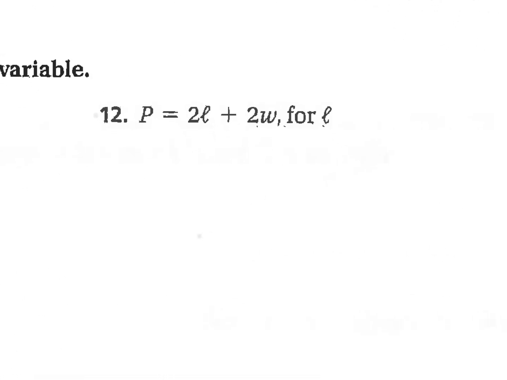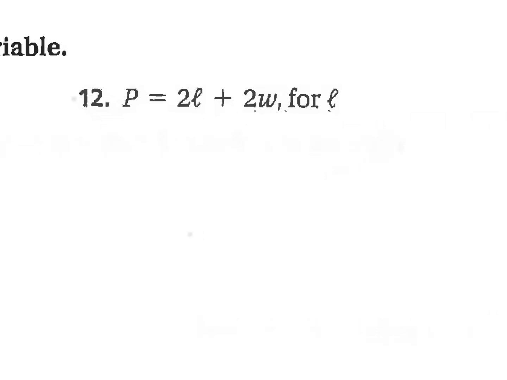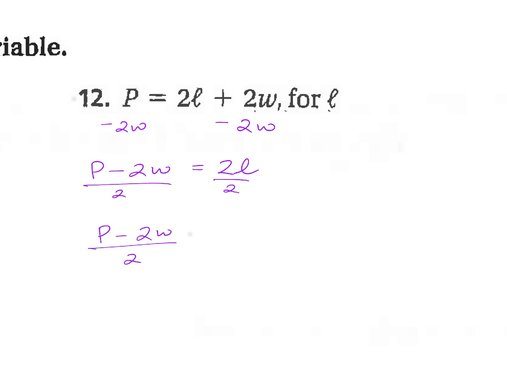Yes. Okay. So if we're going to solve for L, we want to isolate the L, right? So we're going to take the 2W away from both sides. So right now I have P minus 2W equals 2 times L. Okay. How do you get L by itself? You would divide by 2. Yeah, so your options for answers, I don't care if you leave it like this. P minus 2W over 2 equals L. That's fine.